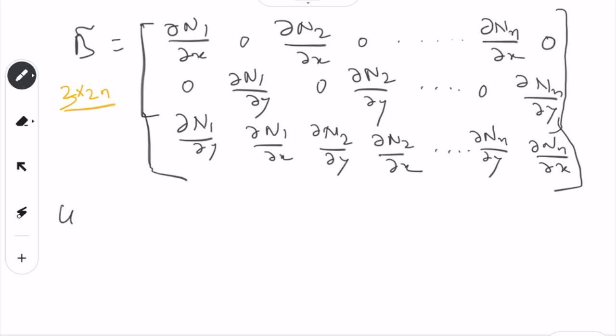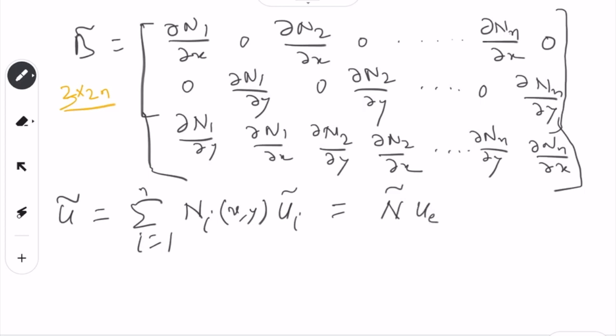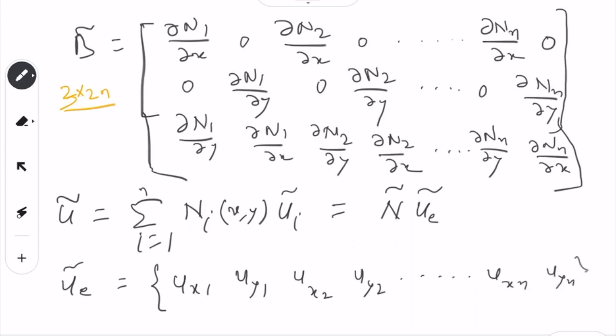U tilde, which is equal to summation i equal to 1 to n of N i x y multiplied by U i tilde, and this we can write as N tilde multiplied by U e tilde, where U e tilde is nothing but equal to U x1, U y1, U x2, U y2 and so on, up to U x n, U y n, transpose of that.